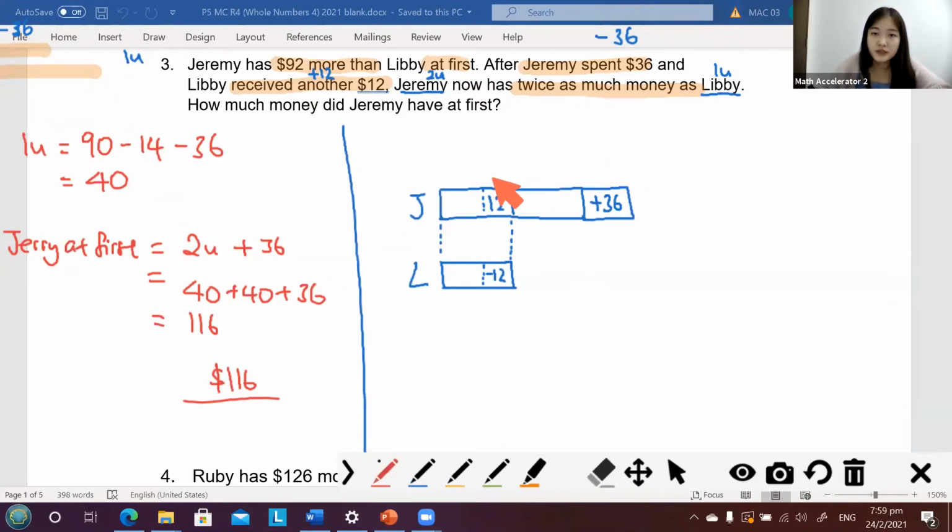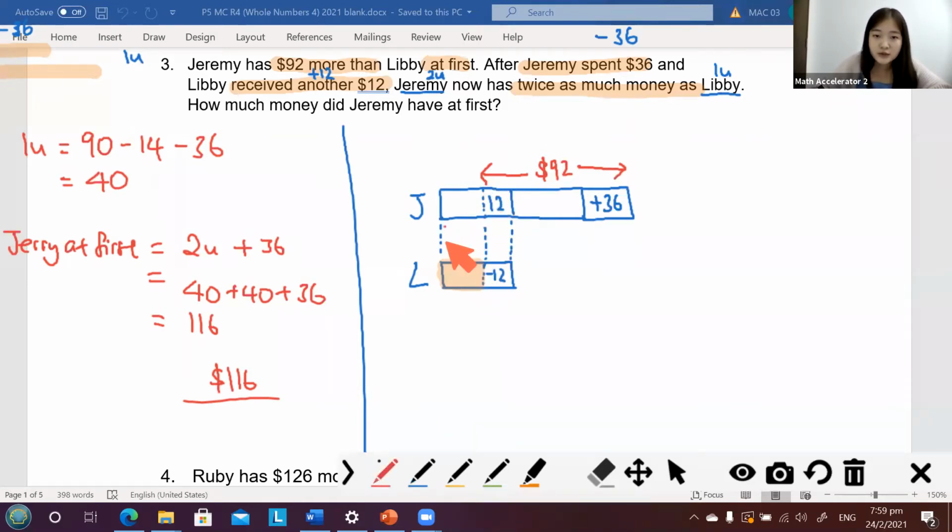Label already. It should be here, 92, because Libby at the start is only until this part here. Do not include the 12 because Libby did not have that 12 at the start. So $92 more at first should start from here.